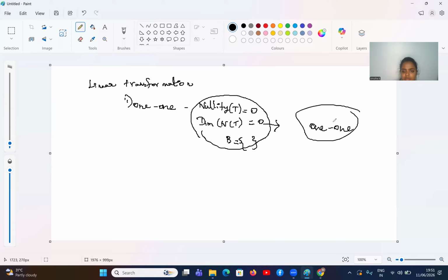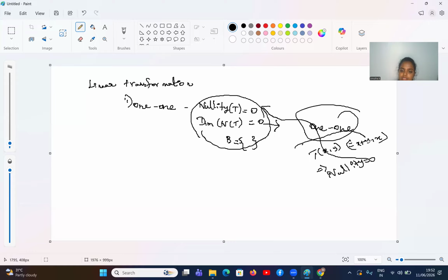In the previous sum also, we derived that T of x comma y equal to x plus y comma x. In this sum, finally we got that nullity equal to 0, so this condition is satisfied.